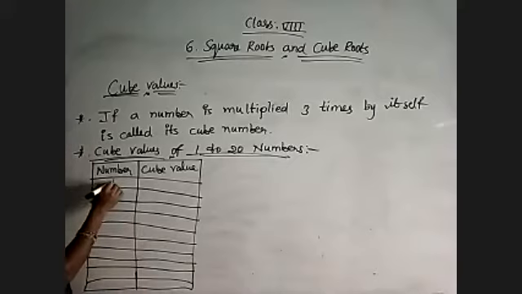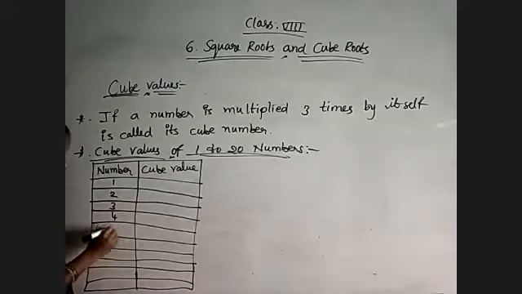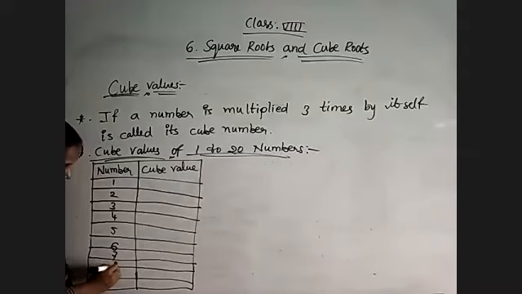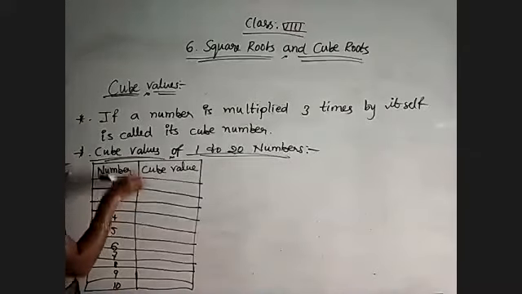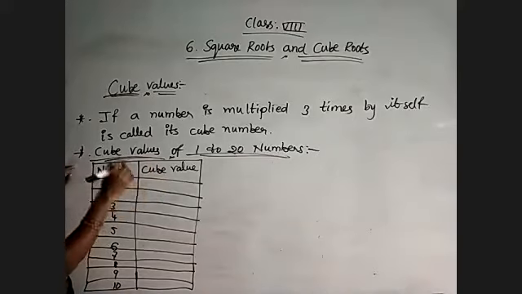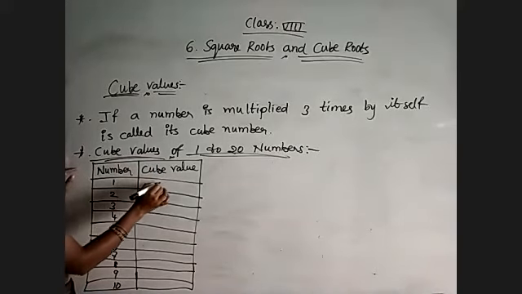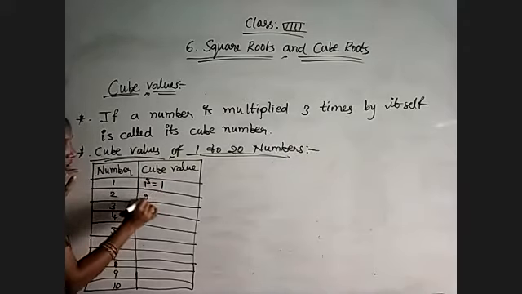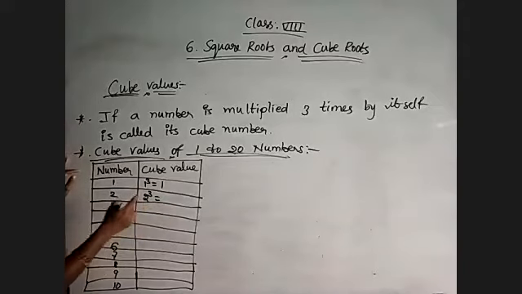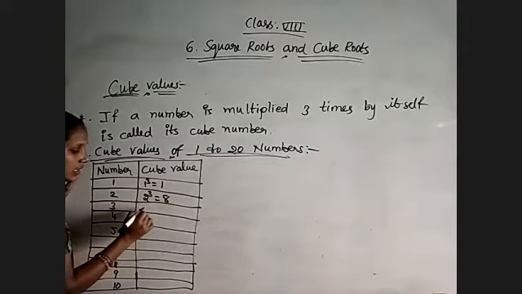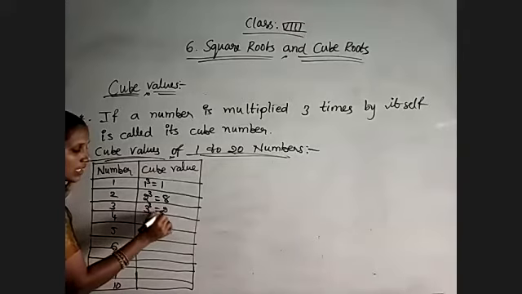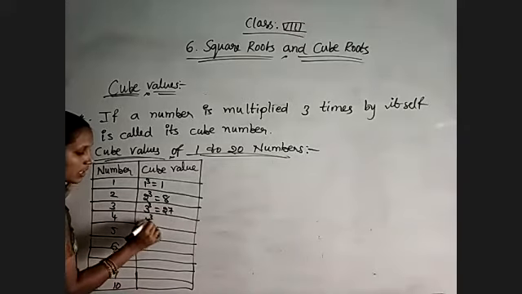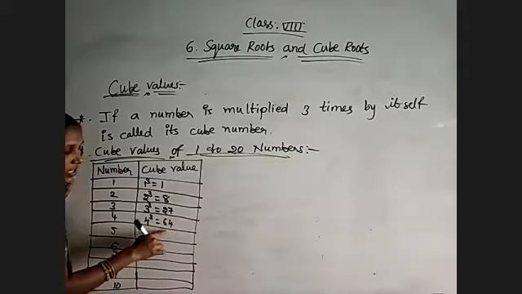Suppose I have numbers 1, 2, 3, 4, 5, 6, 7, 8, 9, 10. 1 cube, the cube value is nothing but 1 multiplied 3 times, so 1 cube is equal to 1 only. 2 cube is equal to 2 2s are 4, 4 2s are 8. 3 cube is equal to 27. 4 cube is equal to 64. Just observe this 64 number.